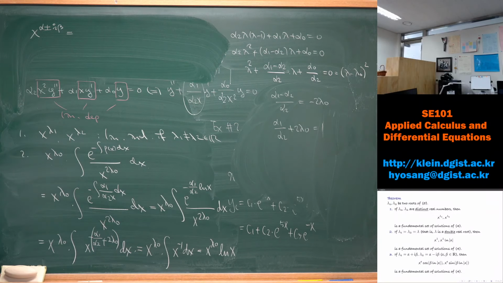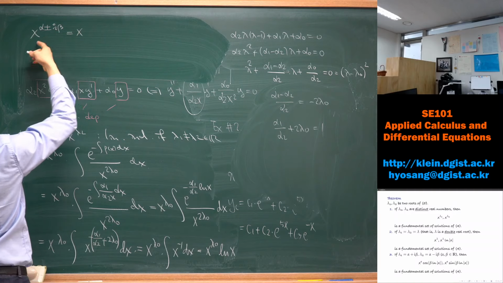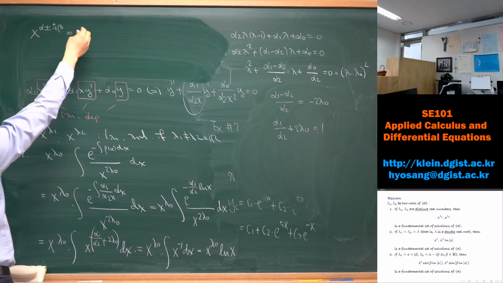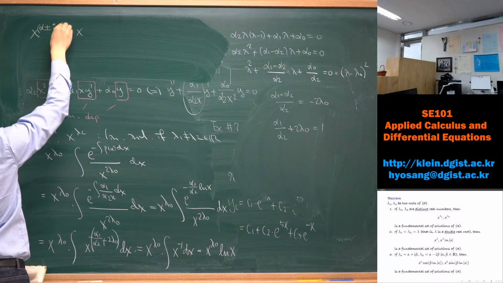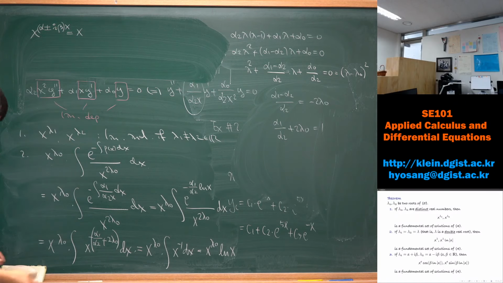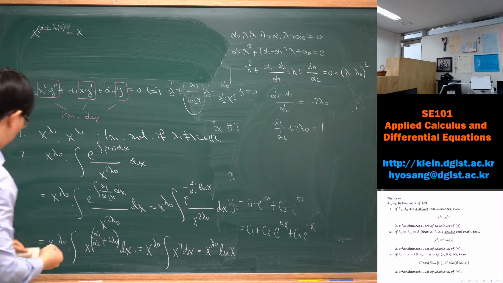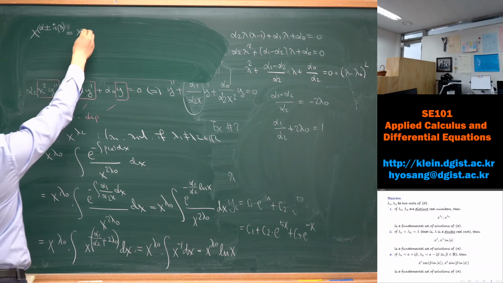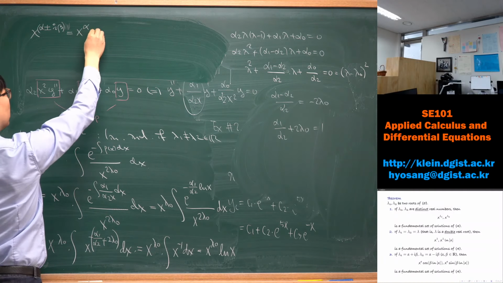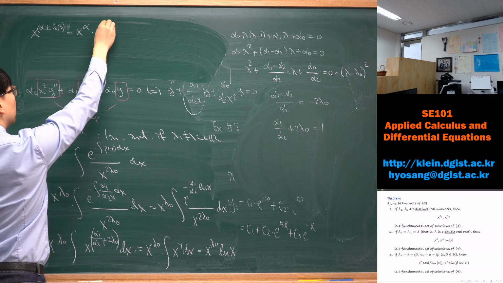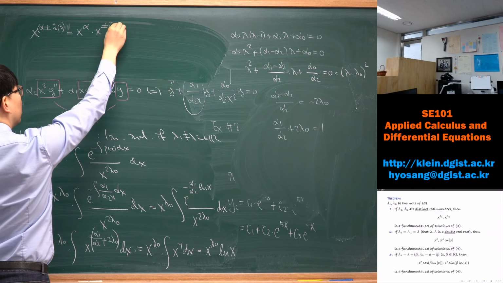Okay. By the rule of exponents, we have... I'm sorry, it's not times x. I'm confused with the exponent. So we have x to the alpha times x to the plus or minus i beta.